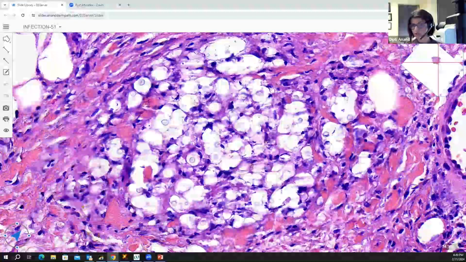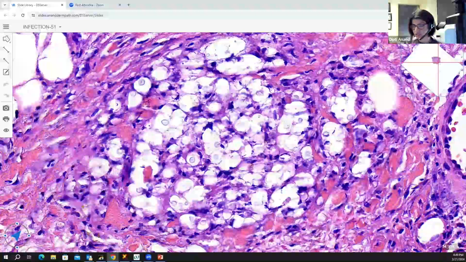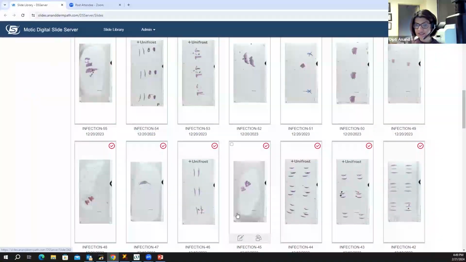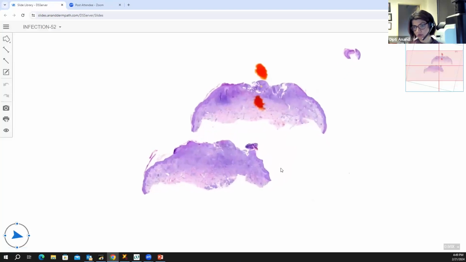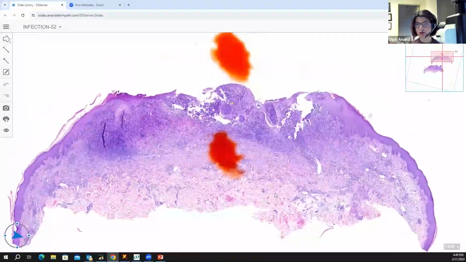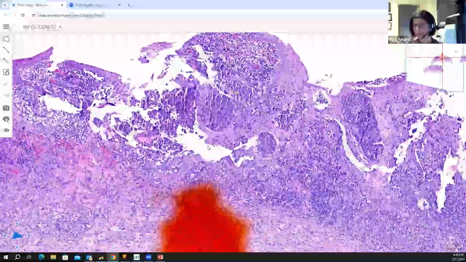So this is your nice crypto organisms, pools of mucin, and you can see these budding structures in there. Remember, Pneumocystis will look similar to this. The next organism based upon the size is your blastomycosis. So blastomycosis incites a lot of inflammatory response with pseudoepitheliomatous hyperplasia and dense suppurative granulomatous inflammation.